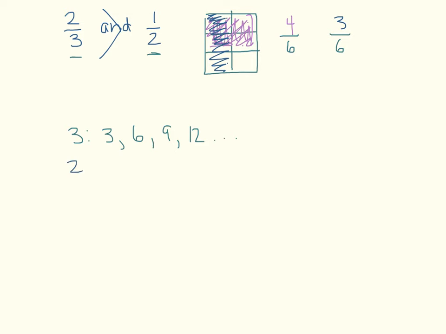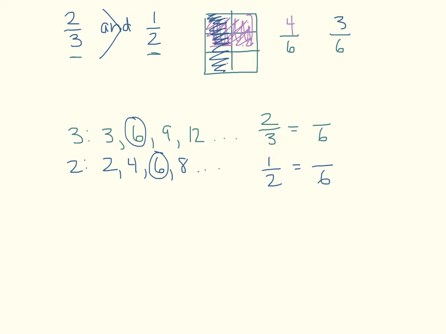Looking at the number 2, 2 times 1 equals 2, 2 times 2 equals 4, 2 times 3 equals 6, 2 times 4 equals 8, and so on and so forth. And we can see that 6 is a common multiple. So we know that 2/3 equals something over 6, and we know that 1/2 equals something over 6.